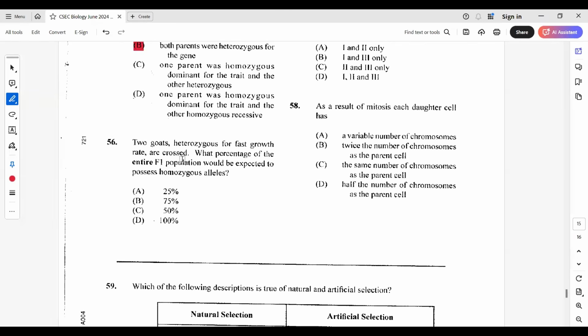So when you do a cross, it will turn out to be homozygous dominant 25%, heterozygous 50%, and homozygous recessive 25%. They are asking you for those that possess homozygous alleles. You know 2 out of the 4, which makes the answer 50%. 56 is C.